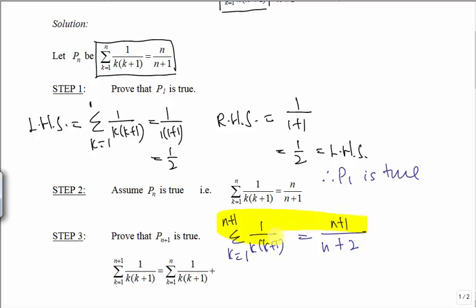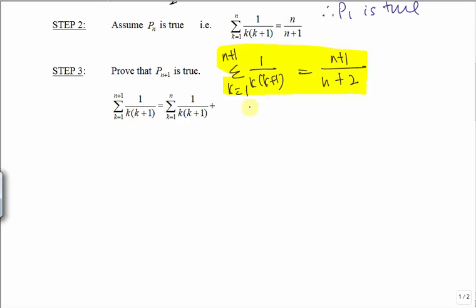This is the Pn plus 1 expression that we are supposed to prove. I would like to start the proof from the left hand side of the expression because it is more complicated. From here we are going to simplify until we get the expression on the right.